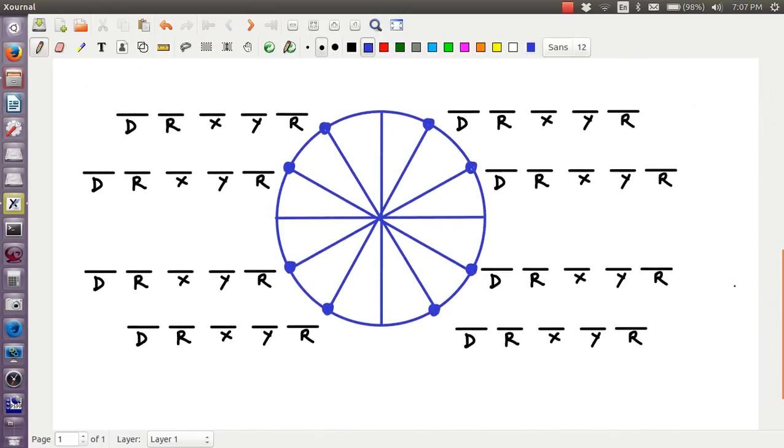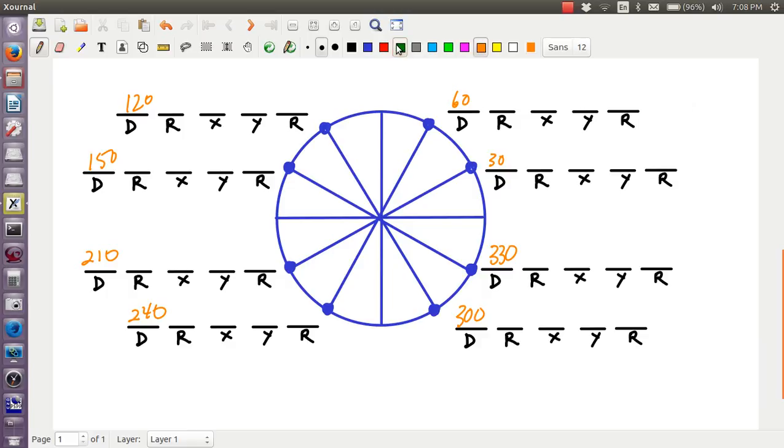Okay, so this is 0 degrees, and then it's 30, 60, 90, 120, 150, 180, 210, 240. Just keep adding 30: 270, 300, 330.